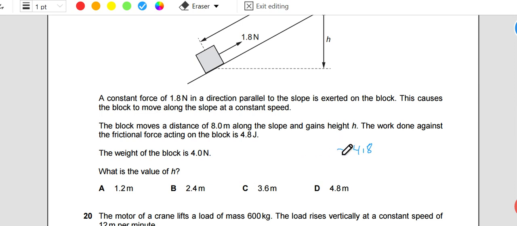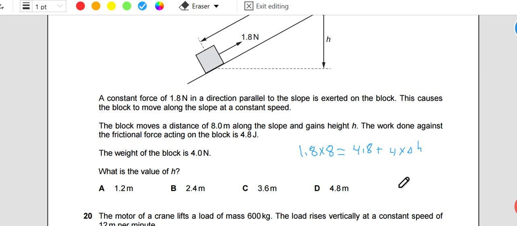The work done by the force, which is 1.8 times the distance along the slope, 8, equals the energy lost to overcome friction plus the increase in GPE, which is weight of the block, 4, times delta h.